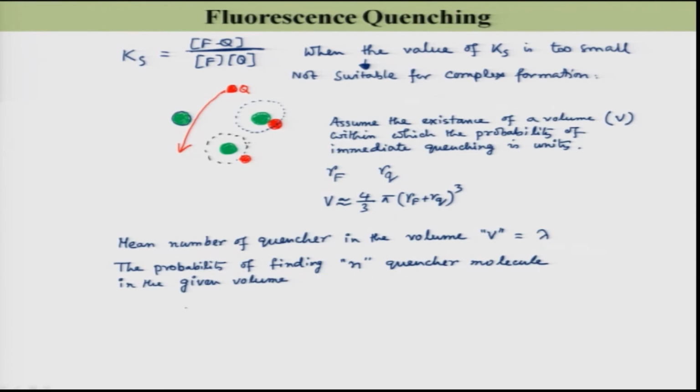So, I can write this as P(n) is equal to lambda to the power n divided by factorial n, e to the power minus lambda. This is coming from the Poisson distribution.